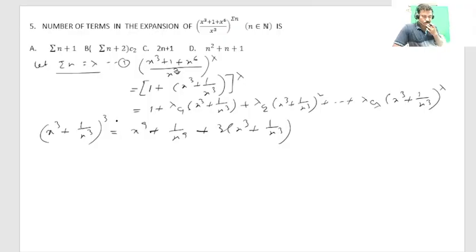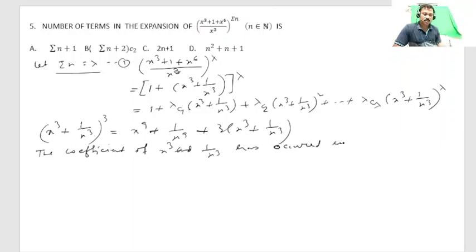Okay, now the coefficient of x cube and 1 by x cube has occurred in lambda c1 x cube plus 1 by x cube.